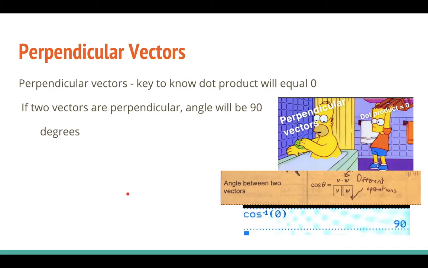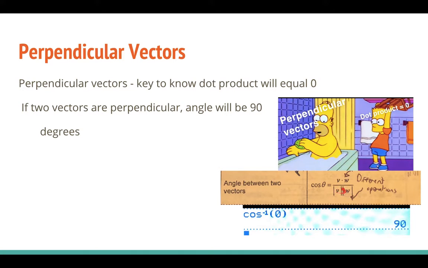Okay. Also, we need to learn about perpendicular vectors. It's key to know that their dot product will always be equal to 0. And if two vectors are perpendicular, the angle will always be 90 degrees. Using those two pieces of information, it's easy to break down. Let's say that your numerator, the dot product, is 0, right?